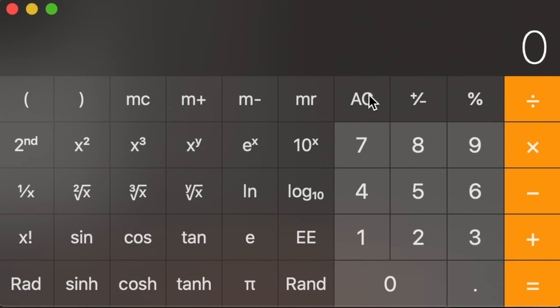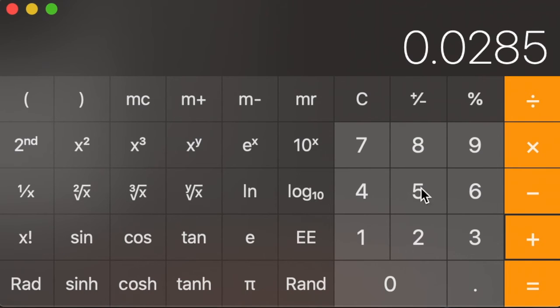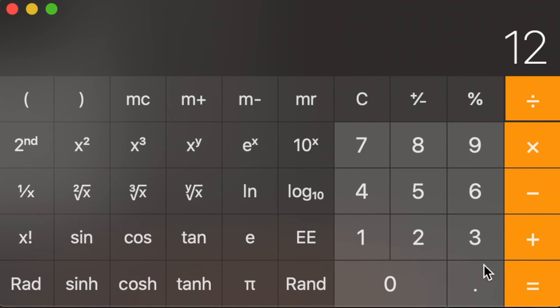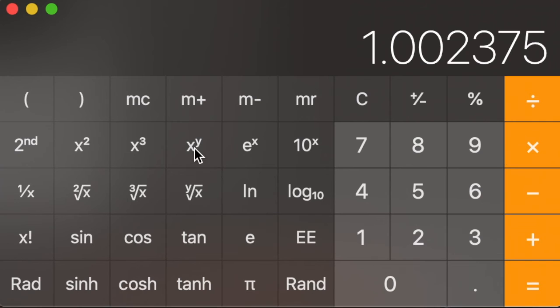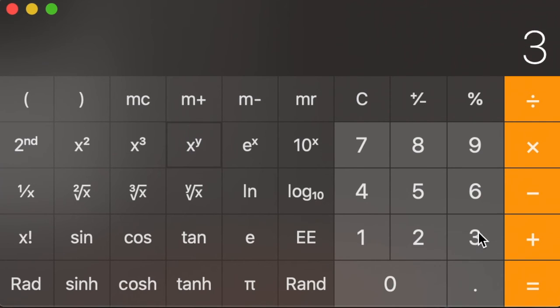So here we are in the nominal calculator, and we're going to go with that game plan. We're going to take 1 and add to it 0.0285 divided by 12, hit equals, and take that number and raise it to 360.